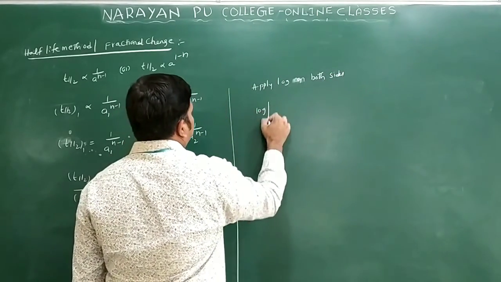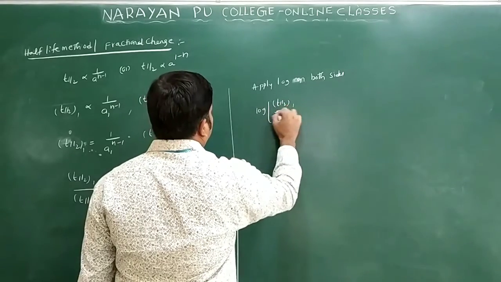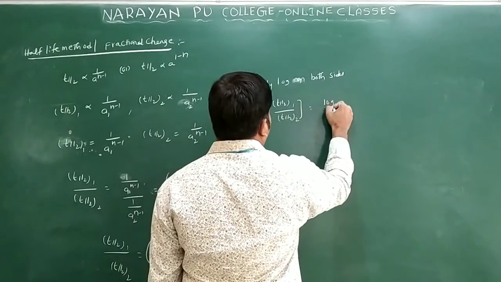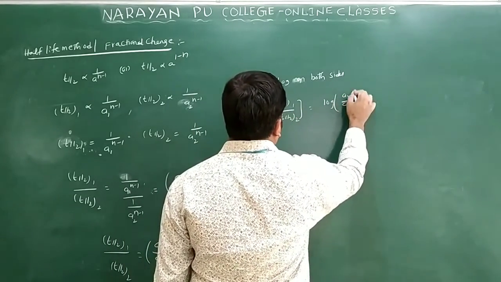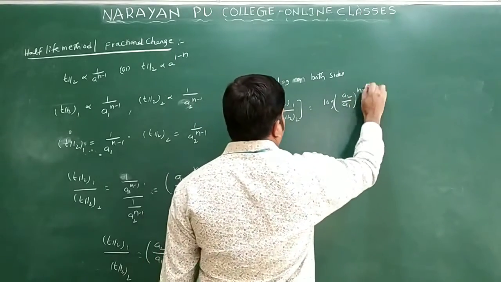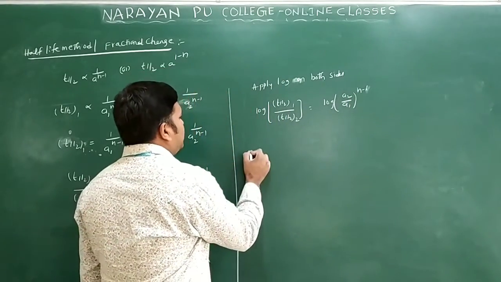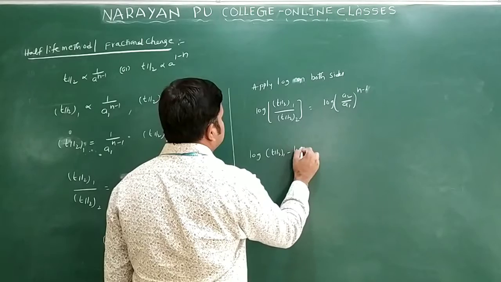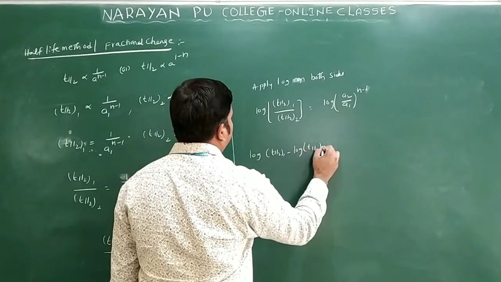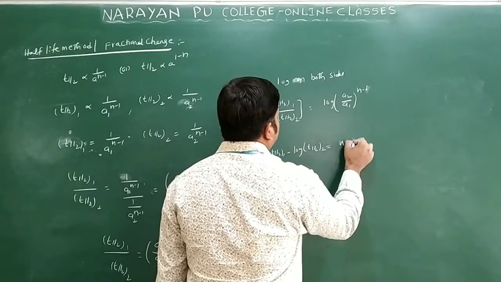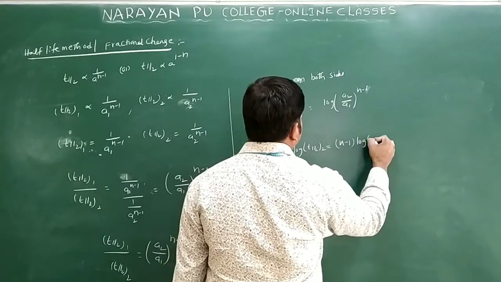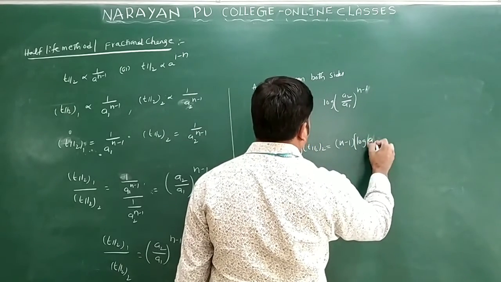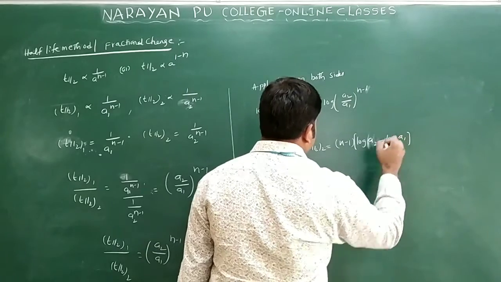Log of t1 half by t2 half is equal to log of A2 by A1 whole power n minus 1. Using log a minus log b, this is log t1 half minus log t2 half, which is equal to n minus 1 into log A2 by A1, that is log A2 minus log A1.